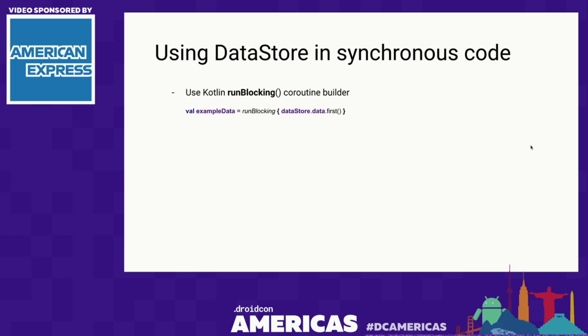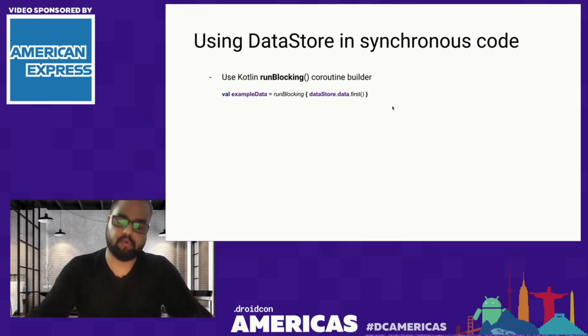Now, there might be a question: we have been using shared preference in synchronous code, where we directly read the values, since shared preference is meant to store key value pairs and I want to access it on the UI thread. Since data store comes with an asynchronous API, how can I rely on that? I need my code to run in a synchronous manner.